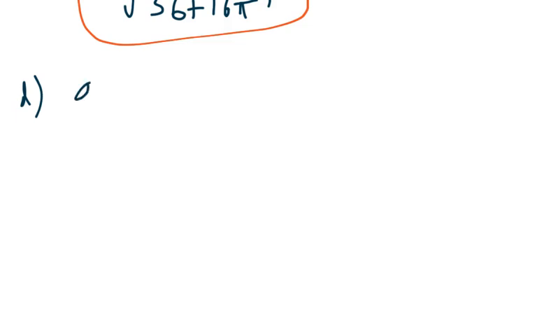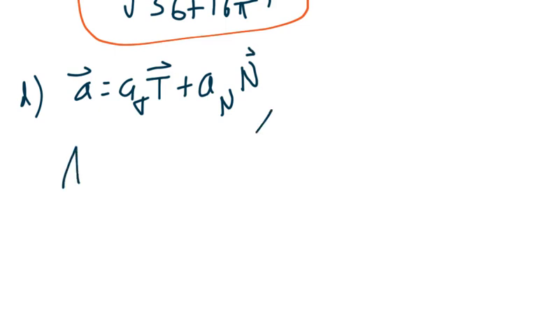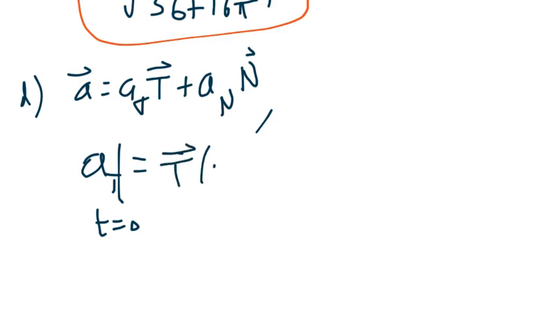Remember, we can write a as a tangential component plus a normal component, where a tangential at t equals 0 is T at 0 dotted with r double prime at 0.